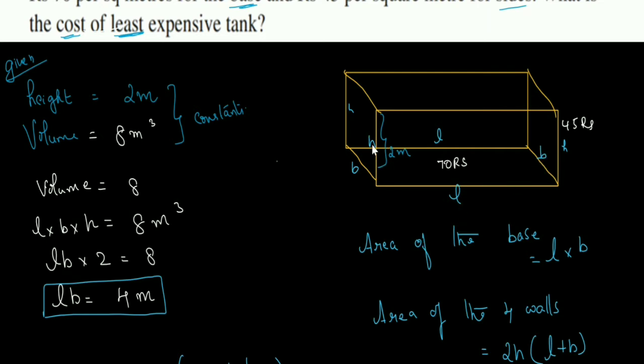The area of the 4 walls: two walls have length and height, and the other two have breadth and height.